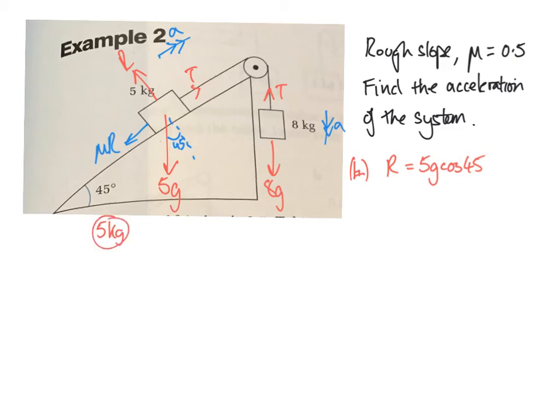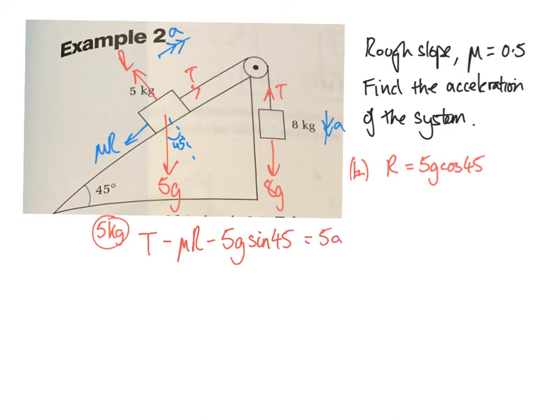And as you can see here, it's moving up the slope, so it's T minus mu R. But don't forget about the component of weight. We need to resolve this down the slope. The weight will always have a component down the slope, so don't forget about it. So we see that T minus mu R minus this 5g sin 45 is equal to the mass times the acceleration, so 5a.